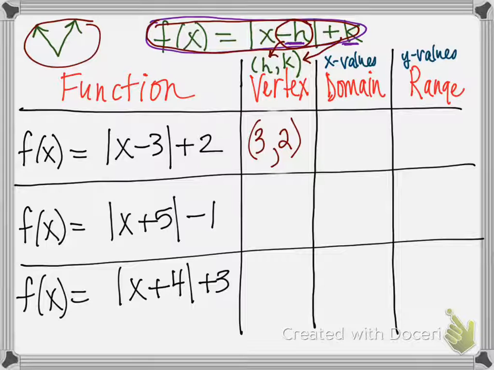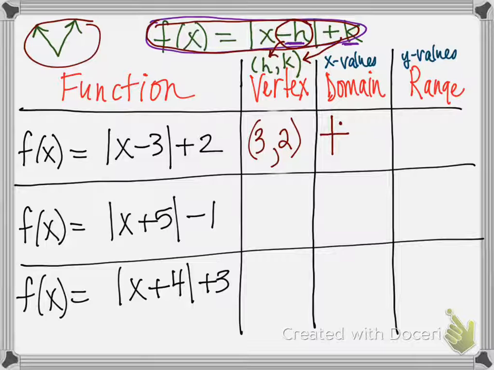So domain is your x values. What x values are you allowed to plug in if you're making a t-chart? You could technically plug in any x value. And if you would graph it, again, graphing your absolute value function would be starting with the vertex at 3, 2. So I'm just going to shift 3 to the right and up 2.